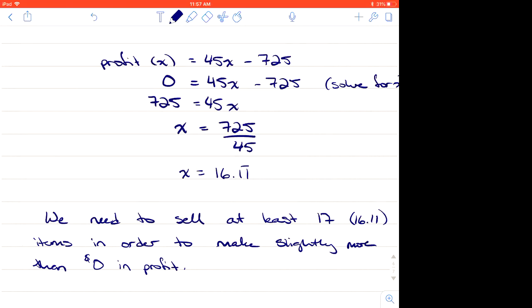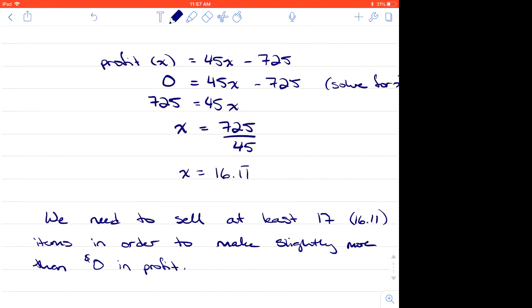So I'm marking more on conceptual than just the pure math. Obviously, if the math is right, it's easy to mark. But if something looks off, then I follow through, and if you're justifying it at the end, like I've done here, we need to sell at least 17. So I'm recognizing that I can't sell 0.11 of an item, and then I say, well, if I sell 17, I'm making slightly more than 0 profit.